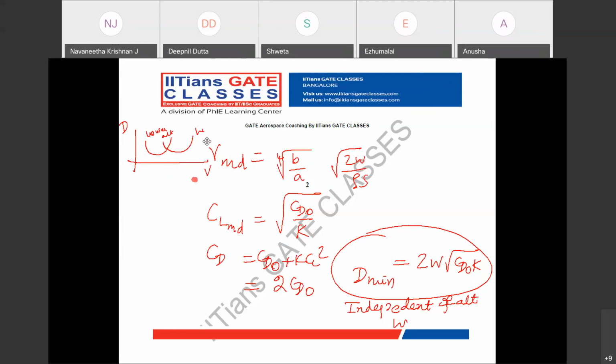When altitude increases, my drag minimum remains the same. That is, it doesn't change with respect to altitude. Only the velocity at which drag minimum occurs changes, but drag minimum doesn't change. Is that clear? Any doubt in this?